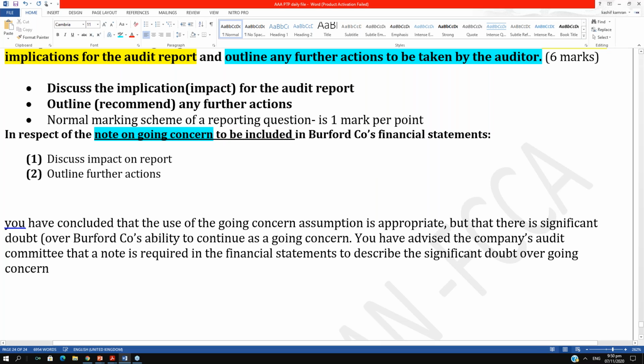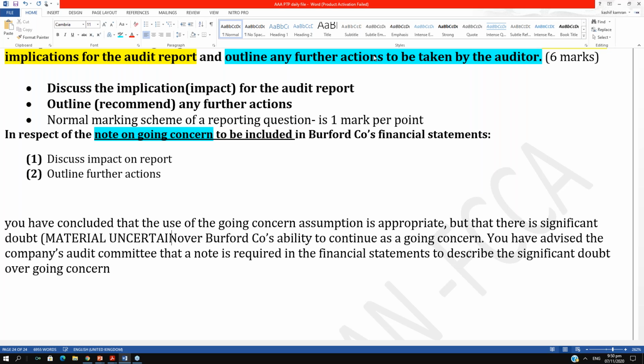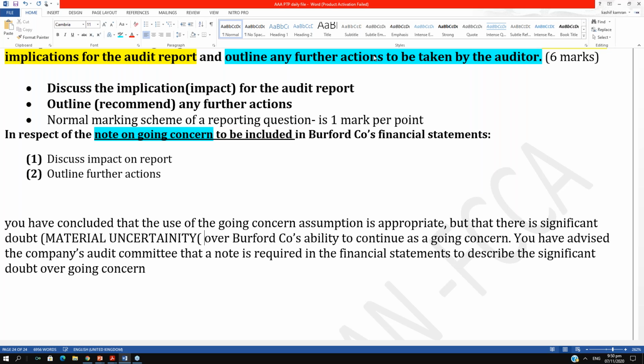Significant doubt means material uncertainty, which is the new jargon since the September 16 exams. Material uncertainty over the Burford ability to continue as a going concern. You have advised the audit committee that a note is required in the financial statement.